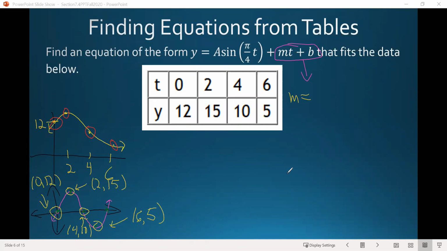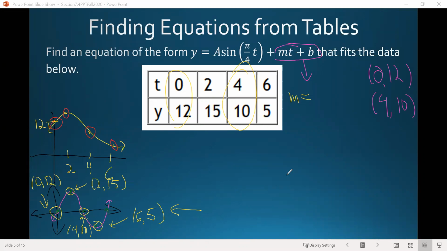In order to find the slope, we need 2 points that are on the midline. Based on the picture we drew down here, our 2 points on the midline would be 0, 12, and 4, 10. So we can use those to help us write the equation of the midline.